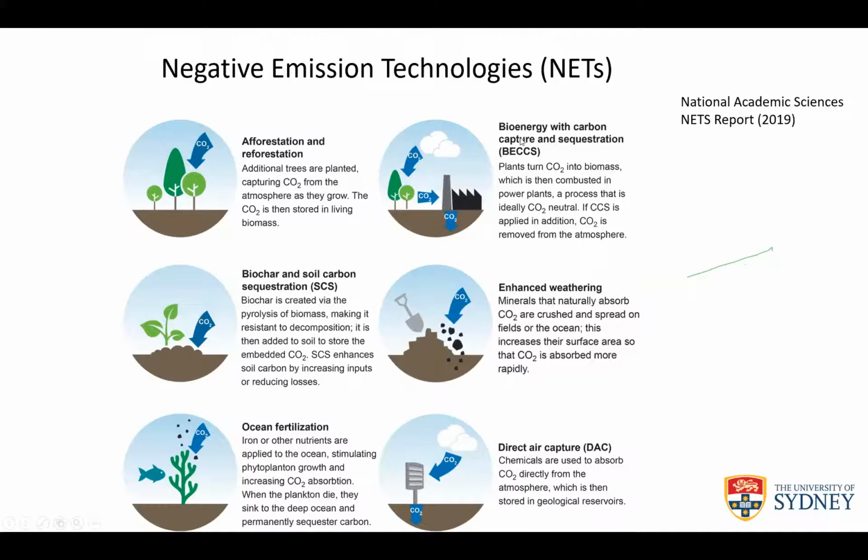The fourth one is called bioenergy with carbon capture and sequestration. That means that the factory is using renewable energy, for example, windmill or solar energy, and all the materials are recycled.